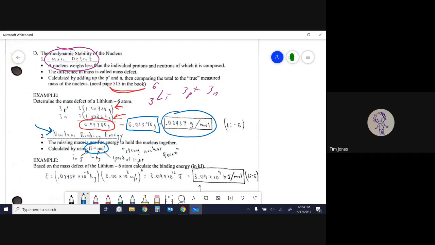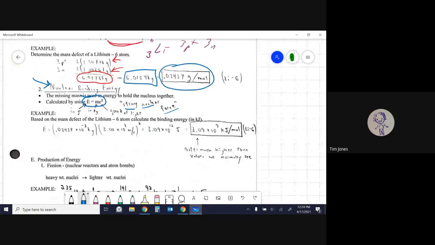Typically, you see this in a nuclear physics class, but we're going to be able to use it here. This is regarding what's known as the strong nuclear force, which holds the nucleus together. Without this, all those protons that are tightly packed in the nucleus would just fly apart. So there must be something there, and it comes from the nuclear binding energy, and that comes from this missing mass that has been turned into energy.